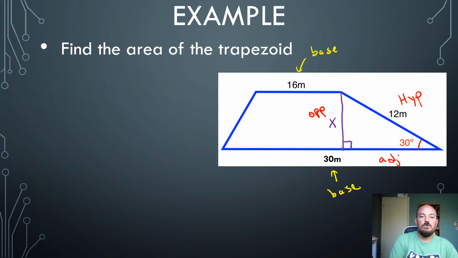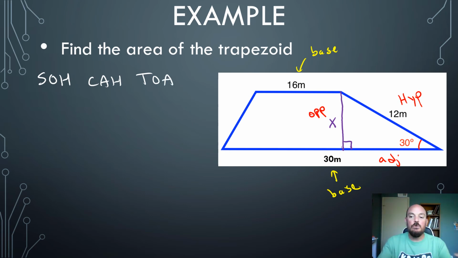So here's how we use SOHCAHTOA. Let me write the word out. SOHCAHTOA. This is a SOHCAHTOA review for you guys, a very important topic. You're going to use this a lot. So I look at my picture and I say, if I want to solve for x, number 1, I want to use the x to solve for x.